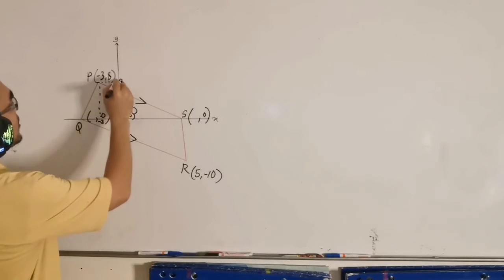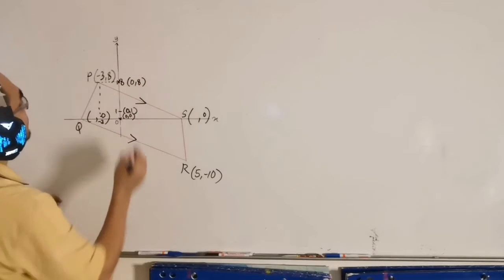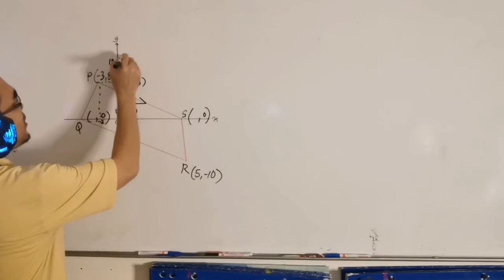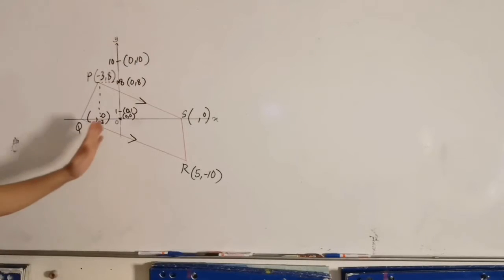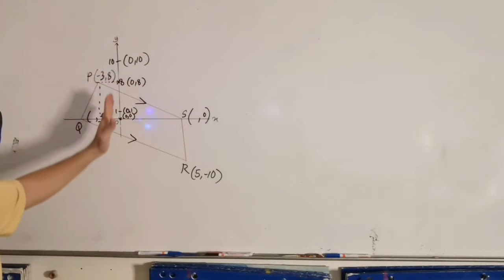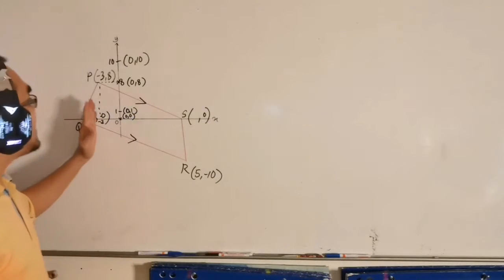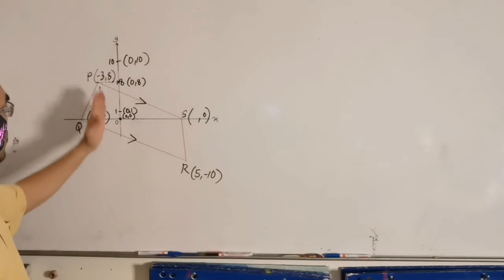The point here will be (0, 8). If there is 10 here, the coordinate will be (0, 10). That is, the value of x is constantly 0. Right?